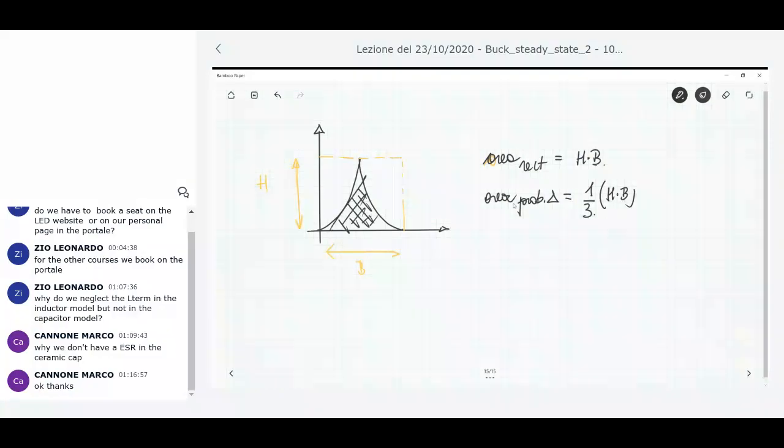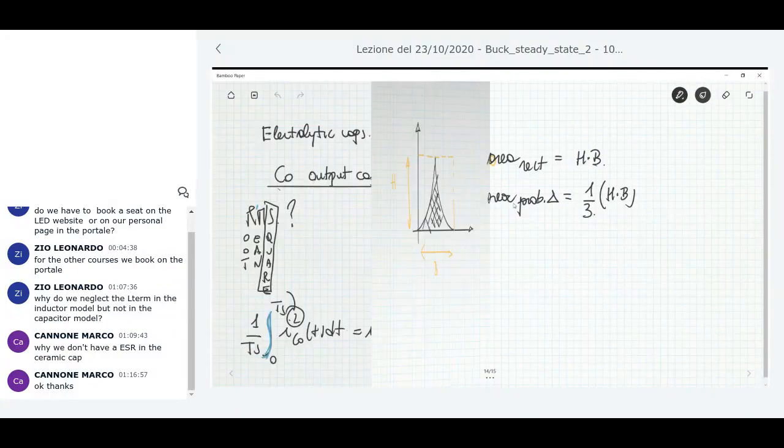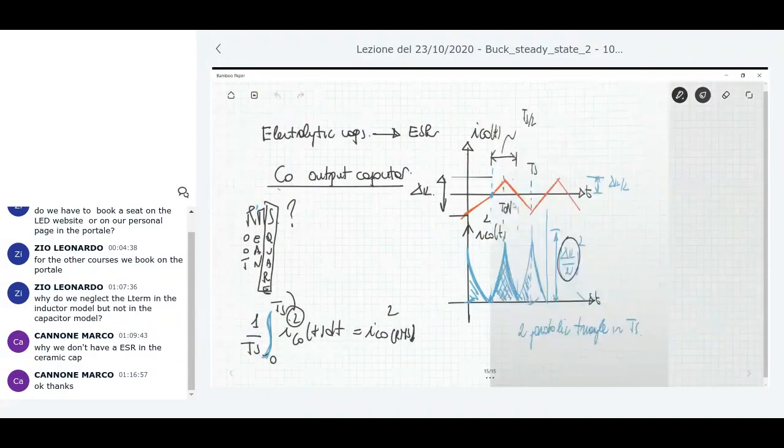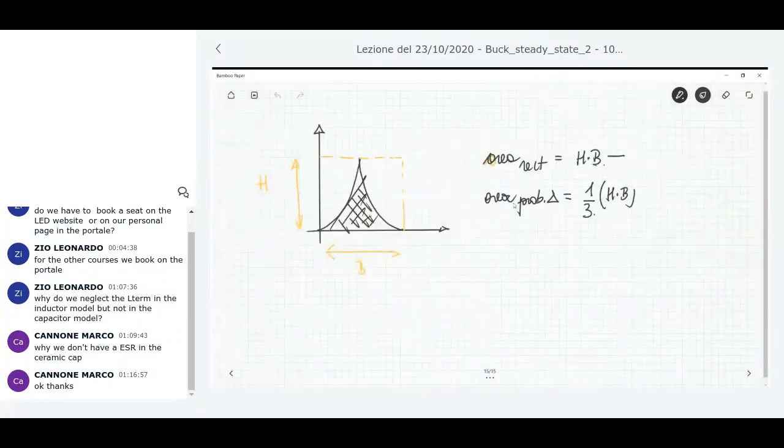Our base, if you look at this waveform here, is exactly this portion, but this portion is Ts divided by 2. The height is this one. So the area in our case will be Ts over 2 times the height, which is delta IL divided by 2, squared.